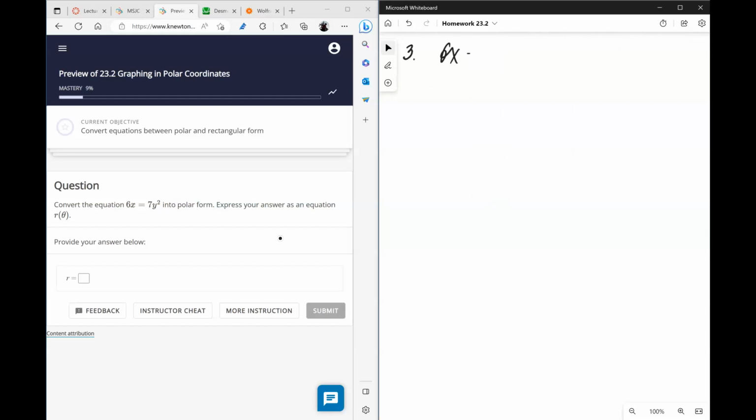Next, we're going to convert this equation into polar form. And to do that, we're simply going to replace x with r cosine theta and y with r sine theta. And we're going to then isolate r if possible.